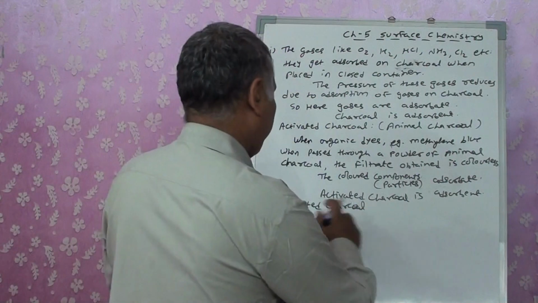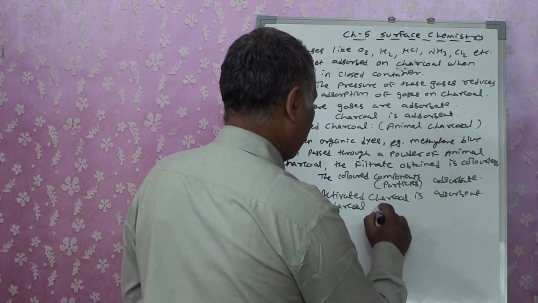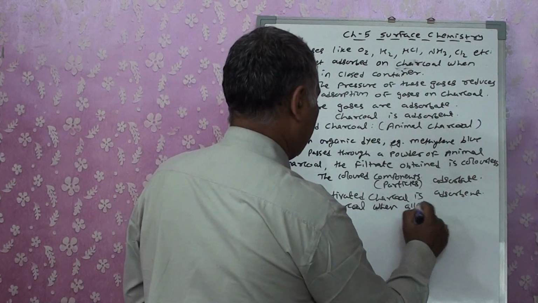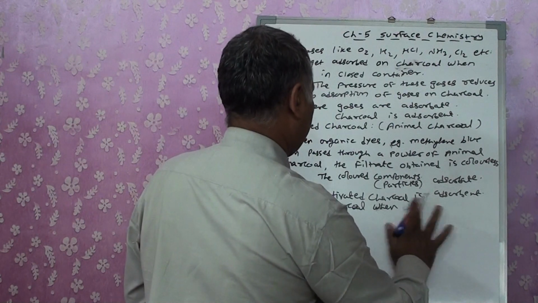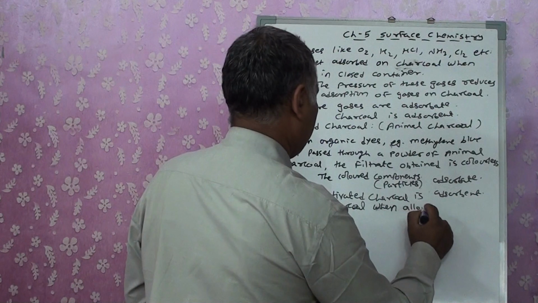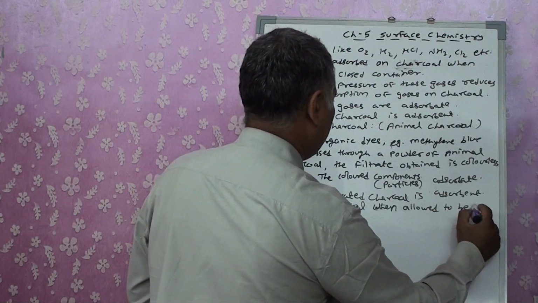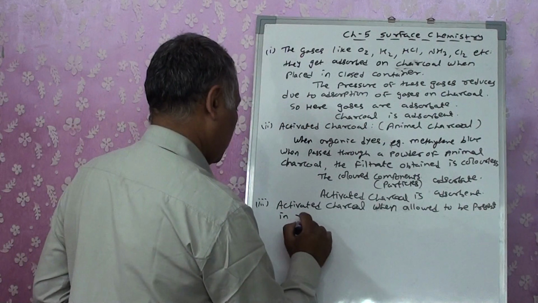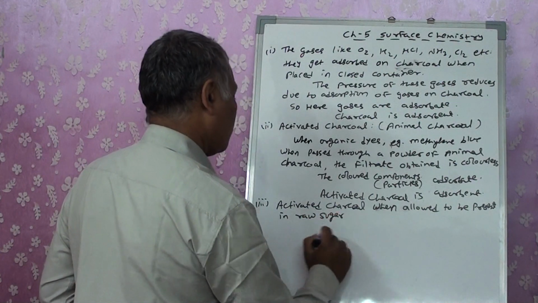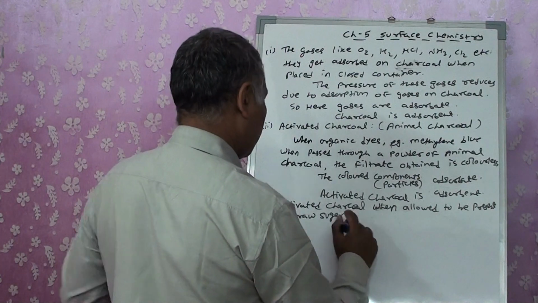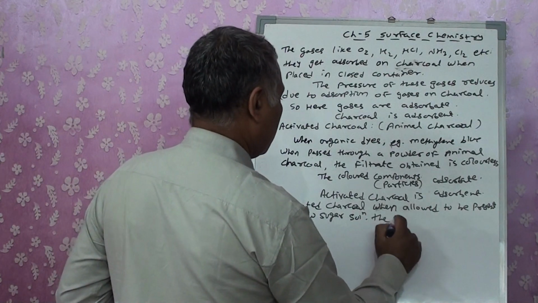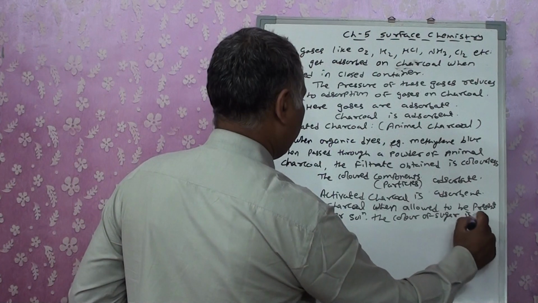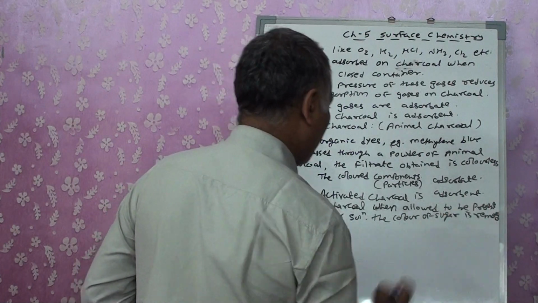We can say that when activated charcoal is allowed to be present in raw sugar solution, the color of sugar is removed.